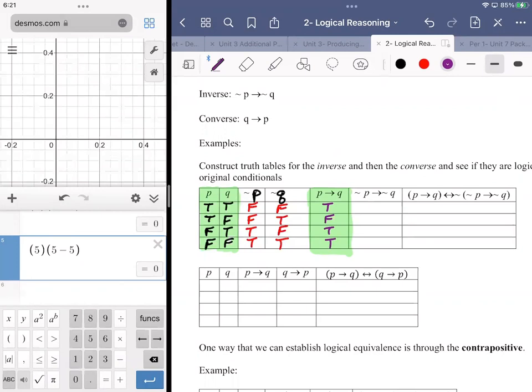Right. So then the not P implies not Q. So this column here is referring to these two, using the same reasoning, right? The only instance in which a conditional sentence is false is if it's true implies false, right?